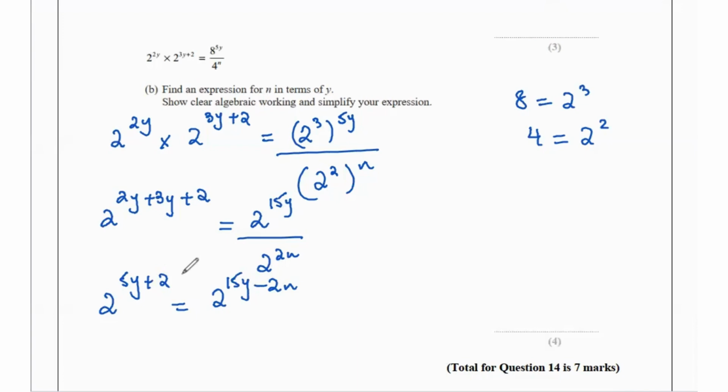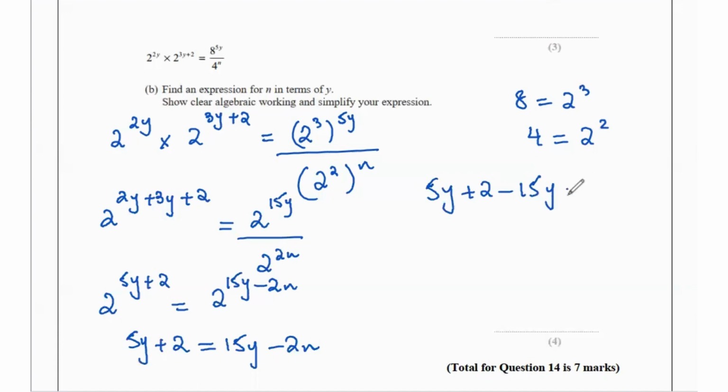When we have same bases on both sides existing alone, that means you can put the powers equal to each other. 5y plus 2 equals 15y minus 2n. They want an expression for n in terms of y, which means we need to make n the subject, which means it's going to be 5y plus 2 minus 15y equals negative 2n, which is 2 minus 10y equals negative 2n.